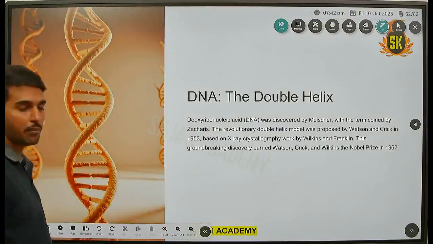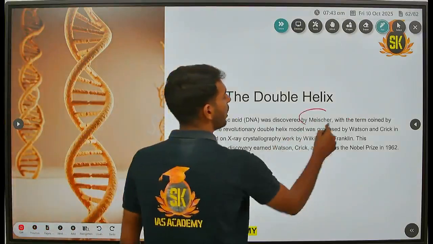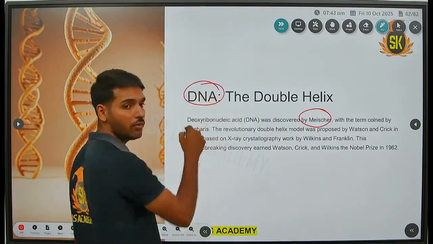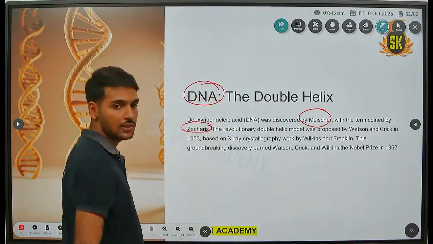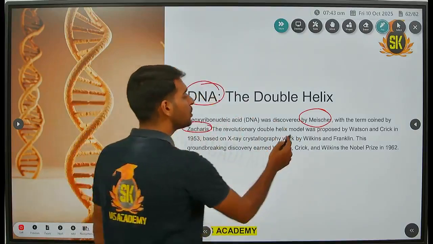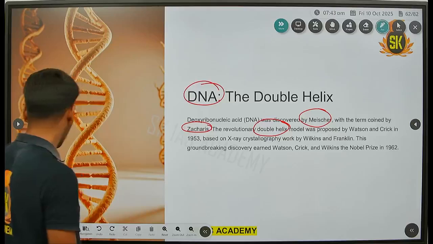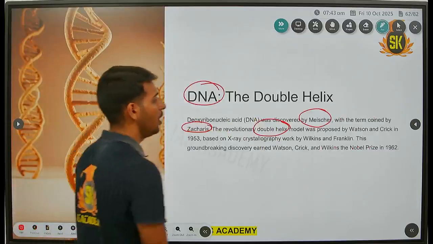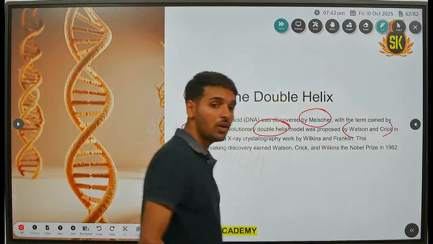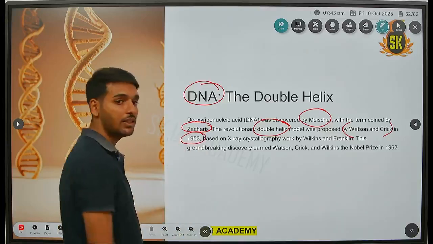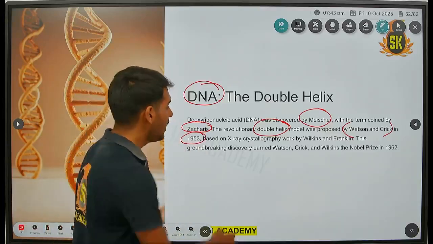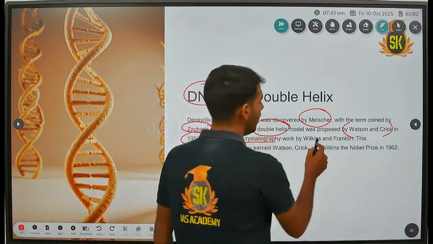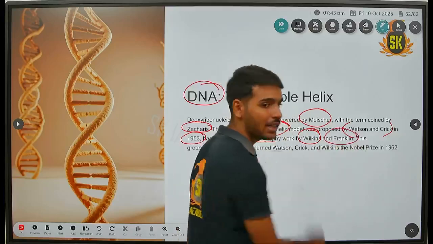The double helix structure: before that, DNA was discovered by Miescher. The name DNA was given by Zacharias. The revolutionary double helix model which we just saw was given by Watson and Crick in 1953, based on the X-ray crystallographic study of two scientists, Wilkins and Rosalind Franklin.